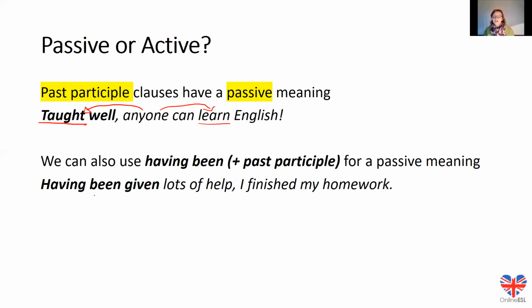So having been given lots of help, I finished my homework. So I finished my homework and I was given lots of help, okay? So it all needs to match. The subjects in the sentences have to match. So this is for a passive meaning, and we don't know who gave the help, we don't care, or it's obvious.